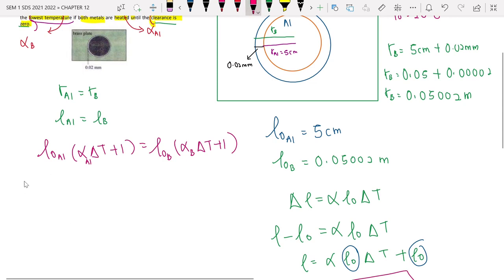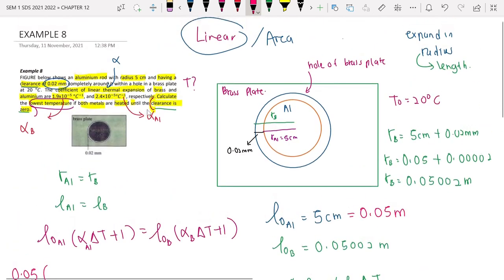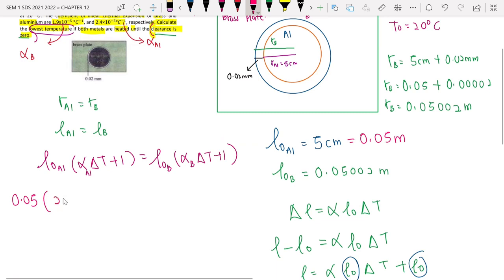Now, here we only need to substitute the values. The original length for aluminium is 5 centimeter, but I'm going to change it into meter. You will get 0.05 meter. The coefficient of linear expansion for aluminium is 2.4 times 10 to the power of negative 5.